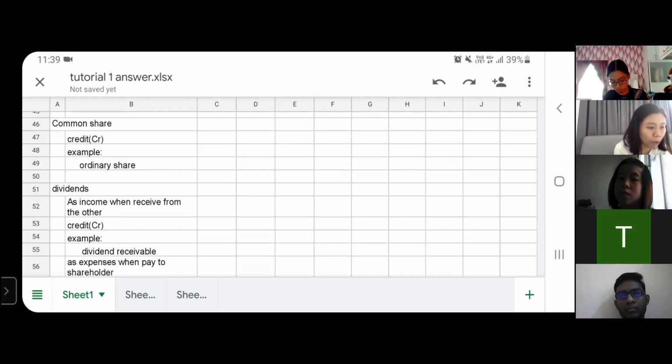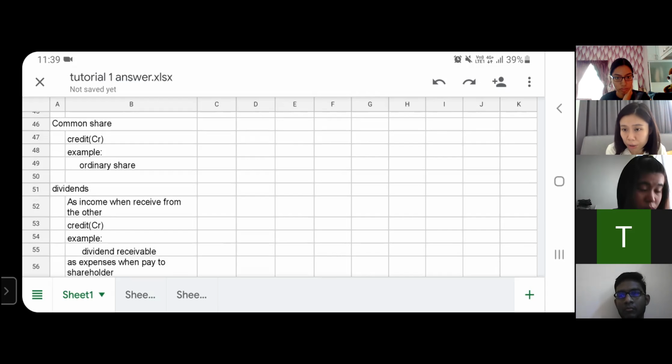In case of bankruptcy, the company has to pay back the preference shareholders before ordinary shareholders. So they are a level higher, but they don't have the power of voting.